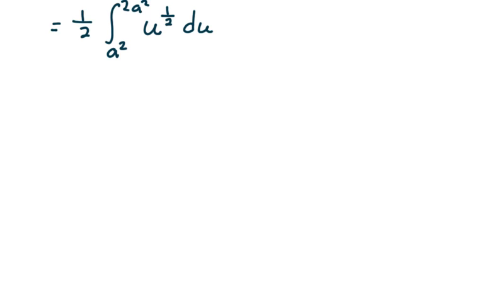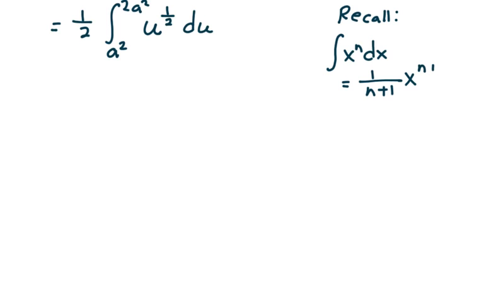Now, recall the integral of x to the n dx is 1 over n plus 1 x to the n plus 1 plus c. And this is where n does not equal -1.